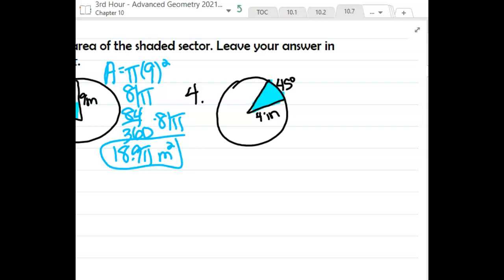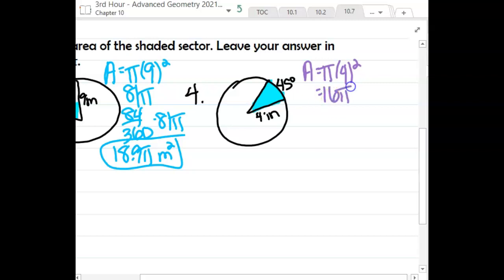So I need the radius. I have the radius. So to find the area, we will take pi r squared. So pi times 4 squared, which would be 16 pi, which is all of the circle.